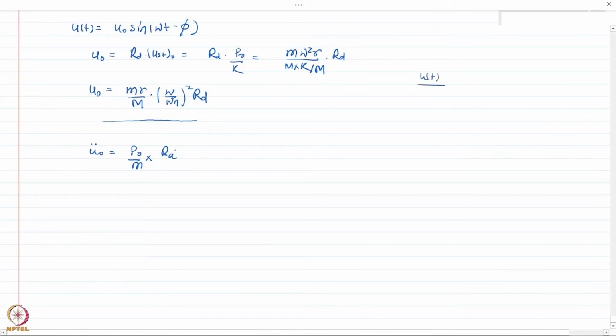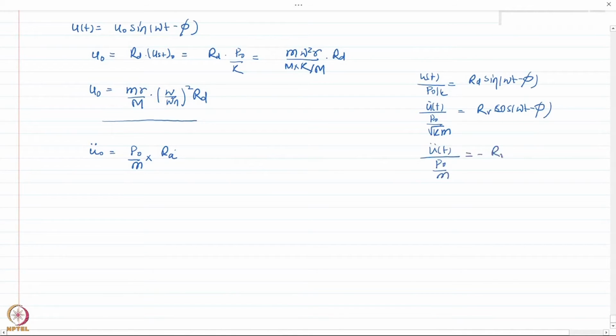If you remember, we had u t by p naught by k equal to R d times sine omega t minus phi, u dot t divided by p naught over under root k m is R v cos omega t minus phi, and the third expression was for acceleration, which was p naught by m times R a sine omega t minus phi.